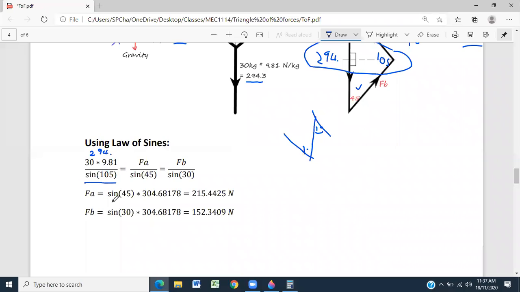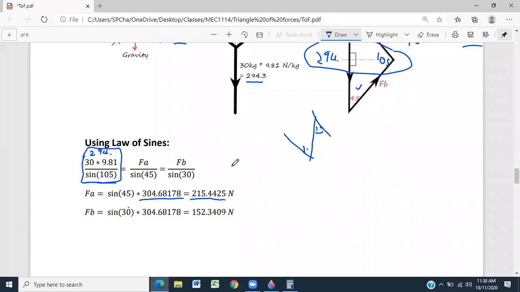So FA is sine 45 times whatever this evaluates to. So what I did, I just plugged this into my calculator and it output this value, right? Just kind of write that down and then multiply that by sine 45. Get this here. And then carry over again for sine 30 to find FB, this.